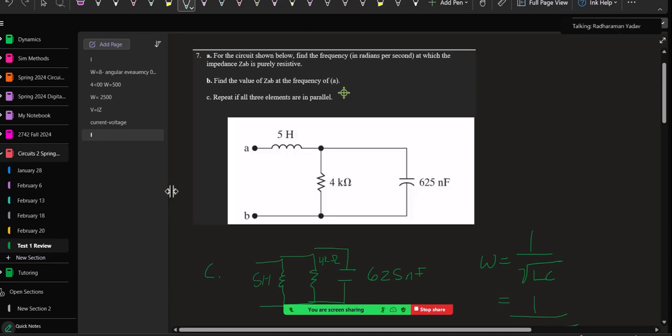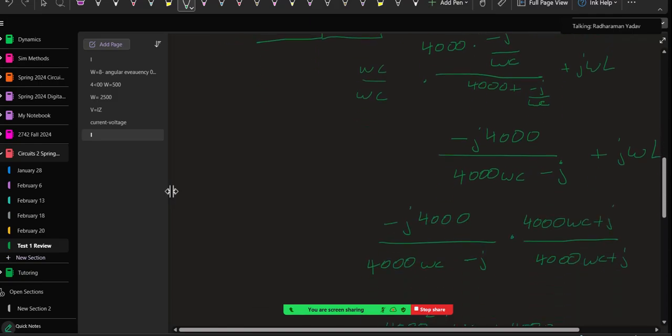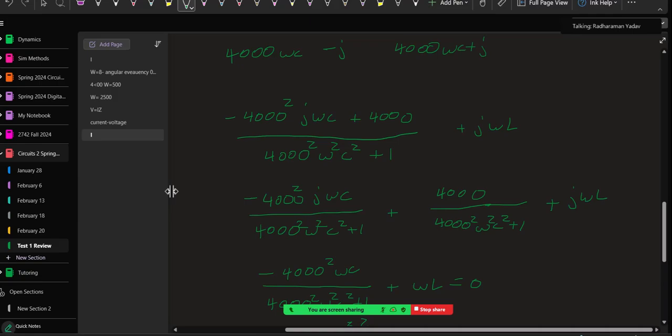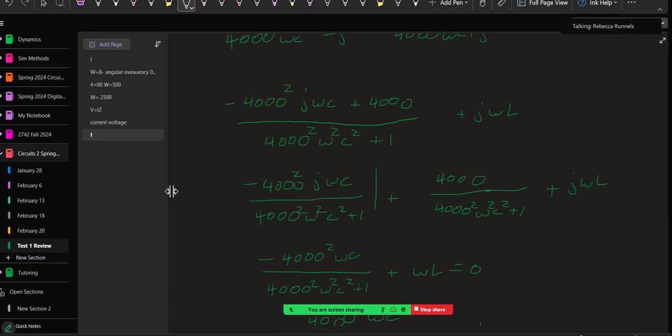I have a question. Yeah. Could you scroll down a little bit to where we had 3 terms for this part? Could you explain how we're able to get rid of the second term again? Yeah, because we're looking for the part where the imaginary part is equal to 0. So the imaginary part is the part that has a j. So the real part, I don't care about it.